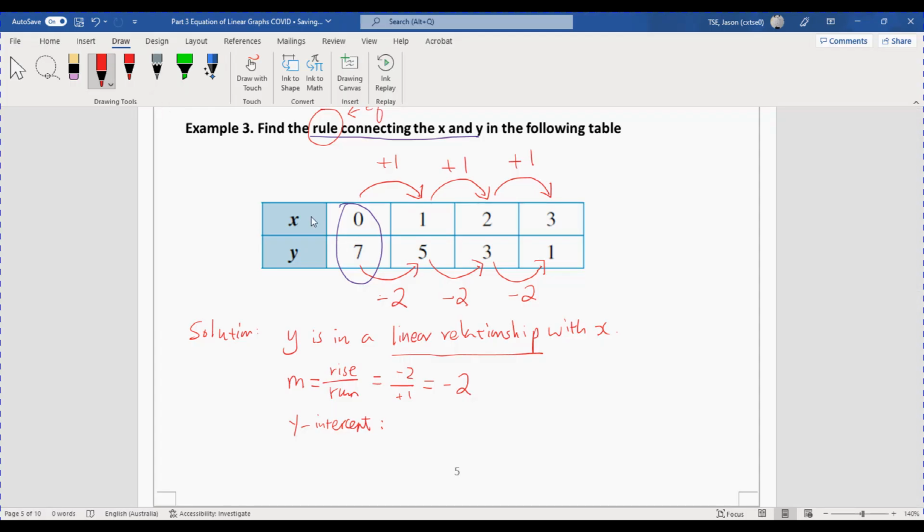Okay, so the y-intercept is when x is 0, y is 7. Therefore, we can say c equals 7. Now we've got m and c, so we can find the rule or equation. The rule is just y equals -2 times x plus c, which is 7, and it's done.